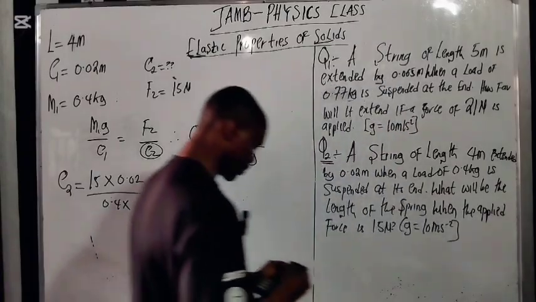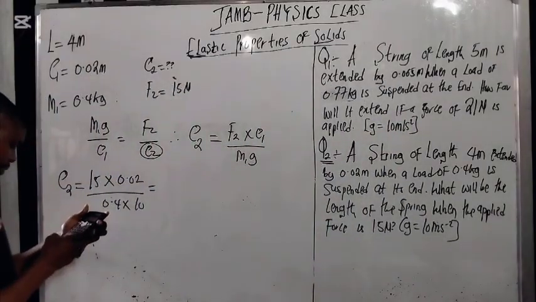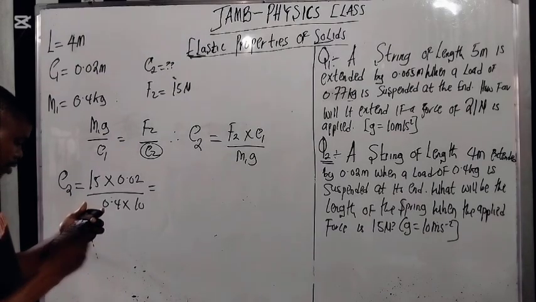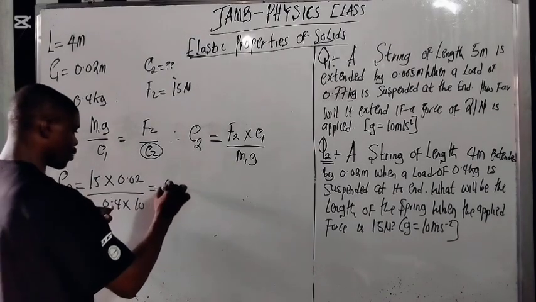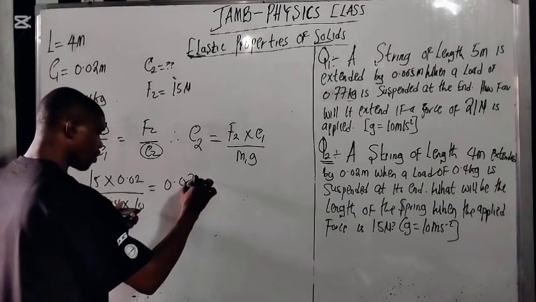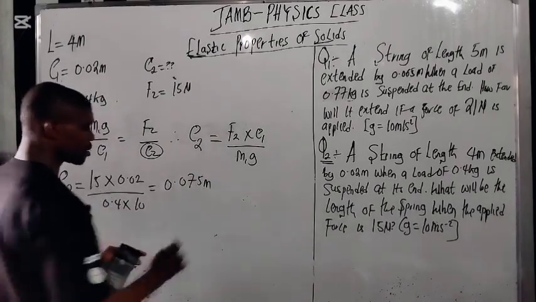It's 15 times 0.02 divided by 0.4 times 10. So here we have 0.075 meter.